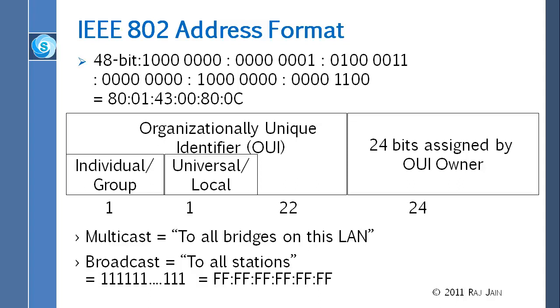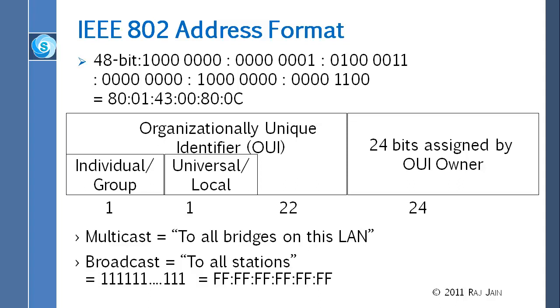The only exception is the broadcast address. Broadcast address is all 1s. The first bit is 1, which means what? It's a multicast address, a group address. The second bit is 1, which would mean local, but it is not. That's an exception: it is a universal multicast address.